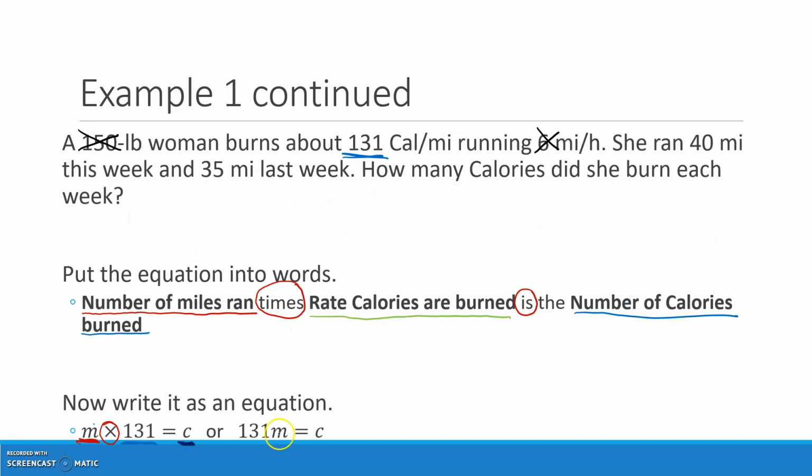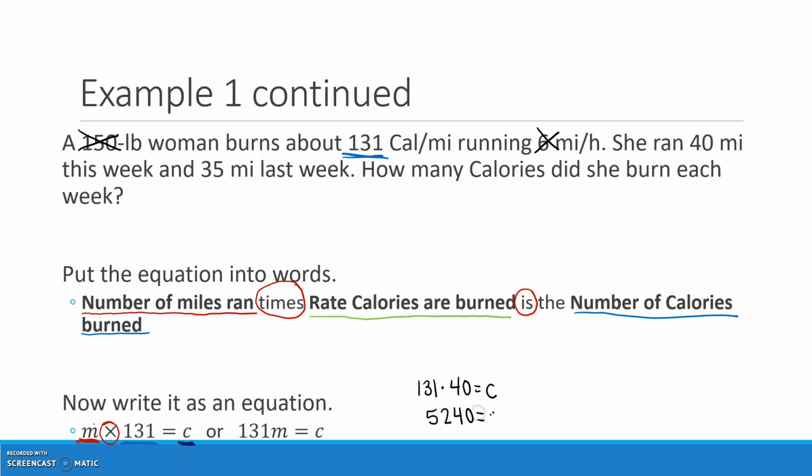If we were to take those, though, and say she ran 40 miles this week, we would take 131 times 40 equals C. And then we would need to multiply those together. When we multiply them together, we get 5,240.